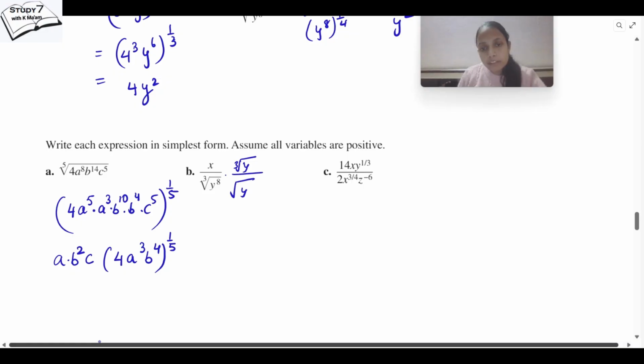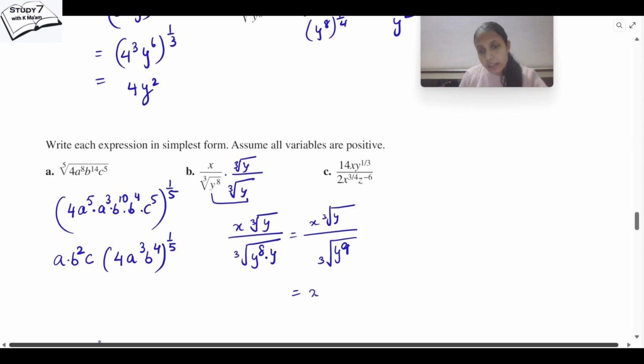On solving, it will be x times cube root of y over cube root of y^8 times y, because both have a cube root, so the terms get multiplied. Cube root of y^9 and x cube root of y. So you are left with x cube root of y over cube root of y^9. 3 times 3 is 9, so y^3.